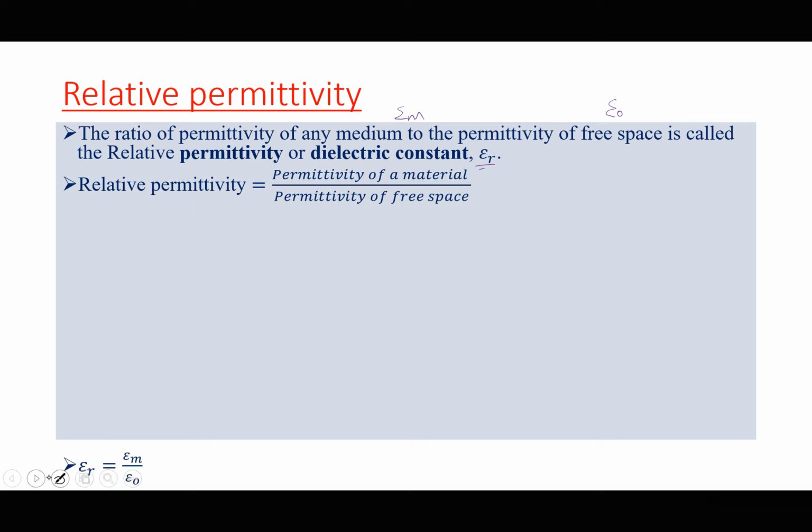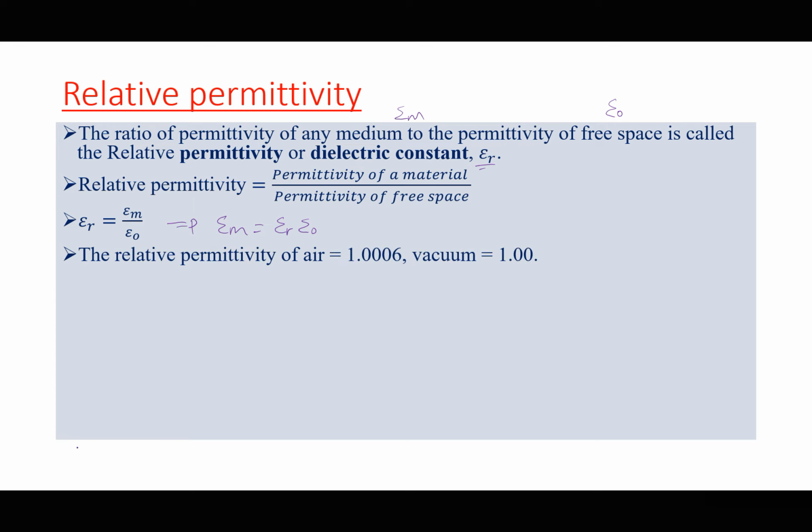So in symbols, epsilon r equals epsilon m over epsilon naught. It implies that when given epsilon r, the permittivity of a medium can be quoted as epsilon r times epsilon naught. The relative permittivity of free space, I think, is about 1.00.